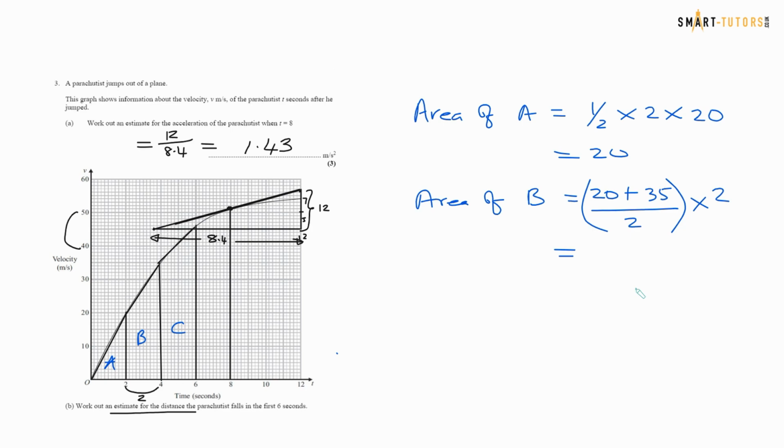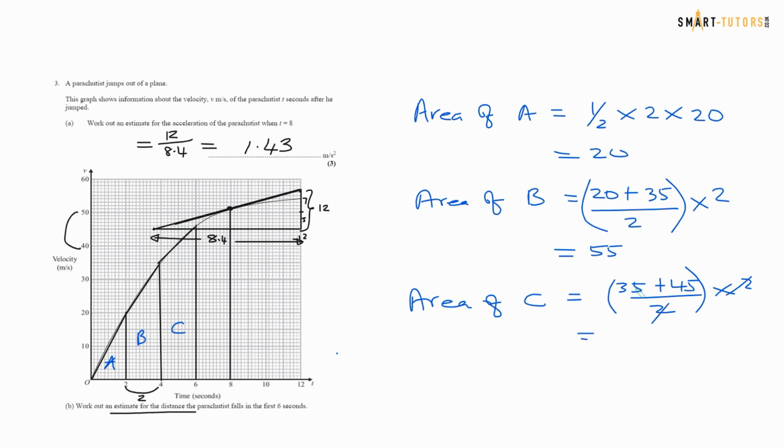So this is going to be 35, 45, 55, and area of C, which is again a trapezium, so 35 plus 45, roughly 45, divided by 2 times 2. They already asked for an estimate, so you don't need to worry too much.